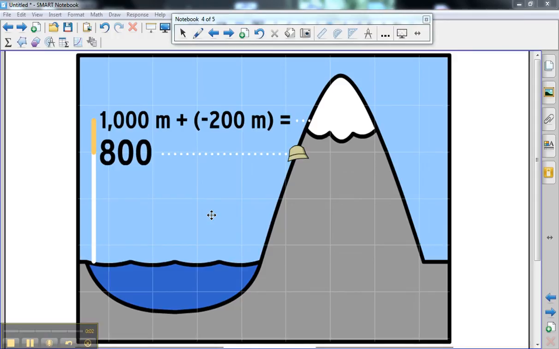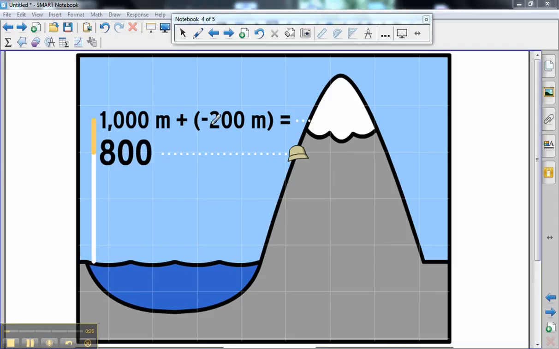Let's look at why we get some of the answers we get when we add positive and negative integers. We remember Tim and Moby's trip up the hill in BrainPOP, and they went up 1,000 meters, and Tim dropped his hat, and they had to come down 200 meters, and we found that 1,000 plus negative 200 equaled 800.